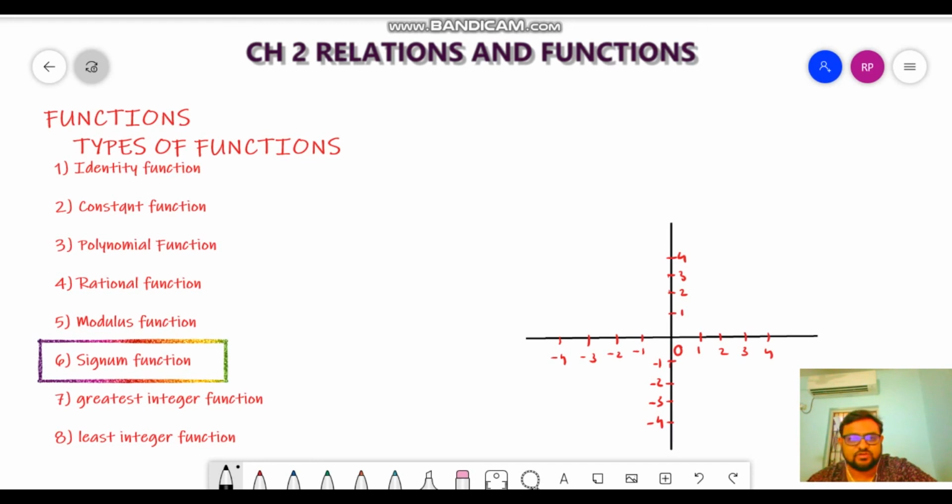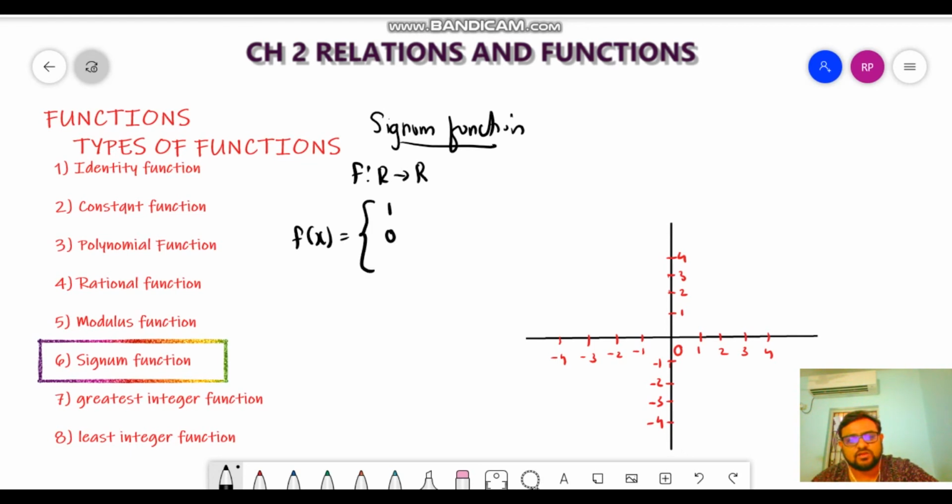Signum function means the function f from R to R defined as f(x) equal to three values: 1, 0, minus 1. 1 when x is greater than 0, 0 when x is equal to 0, and minus 1 when x is less than 0, right?